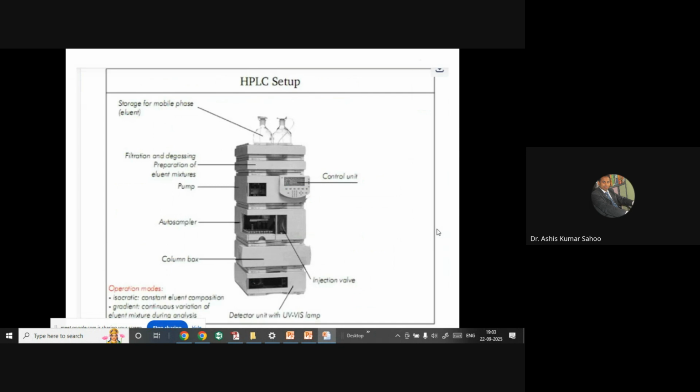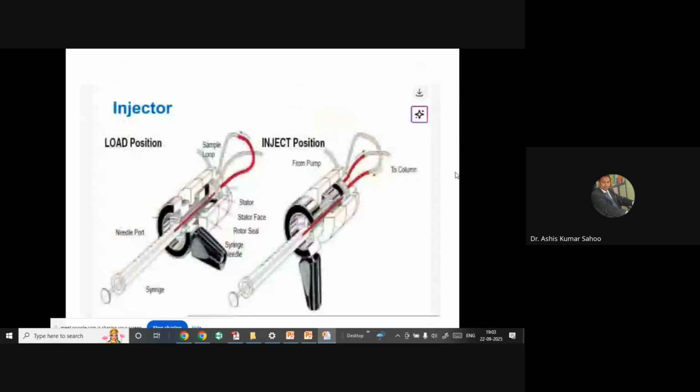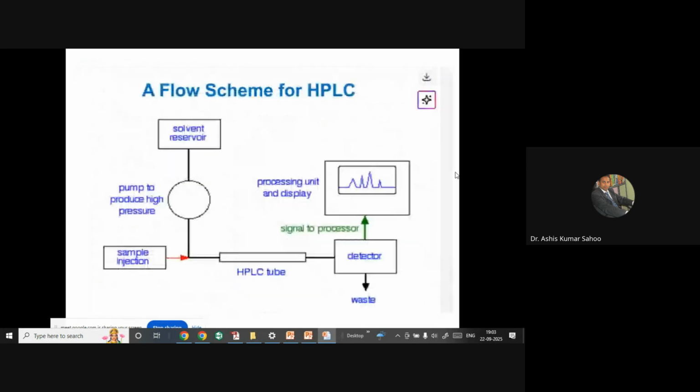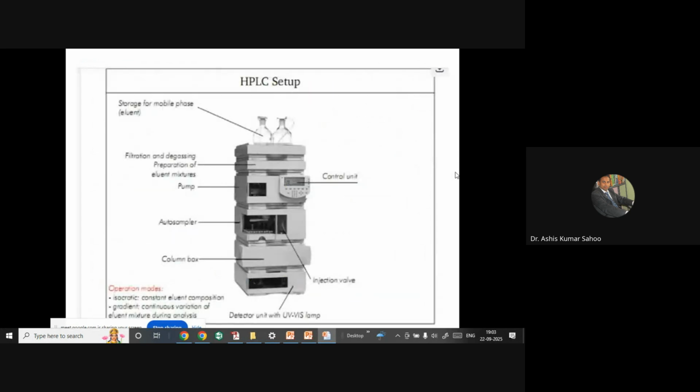This is the instrumentation. In the first slide, we have shown the HPLC machine. Here we have a pump, here the column box will be there, and here the injection valve is there.